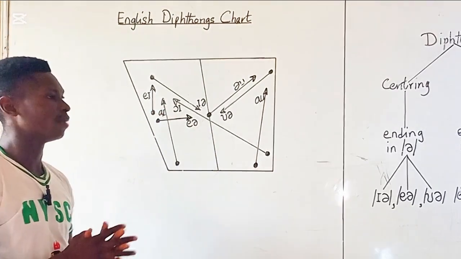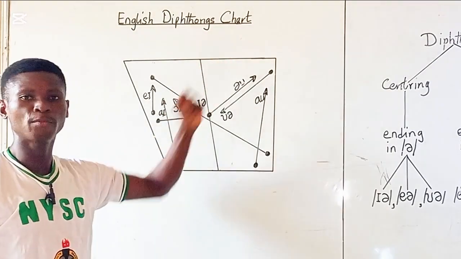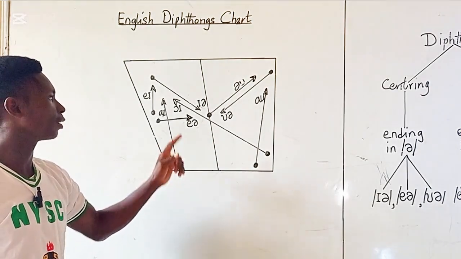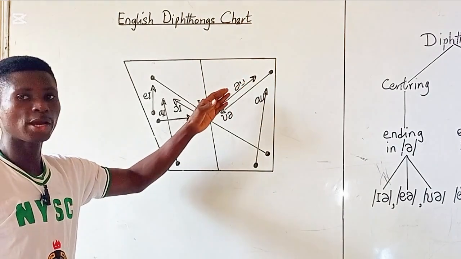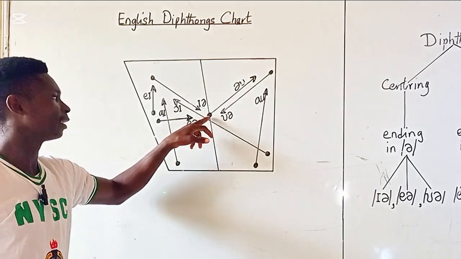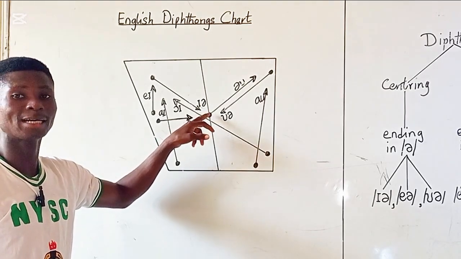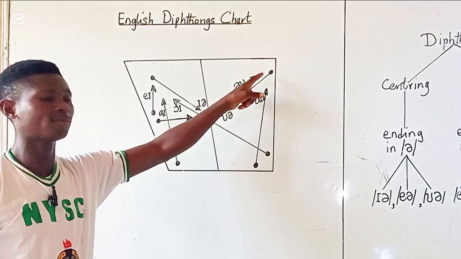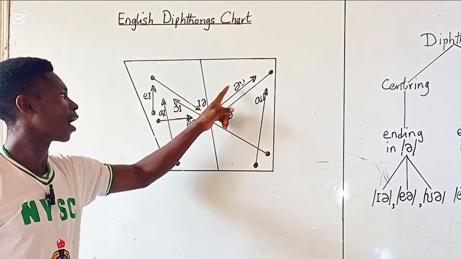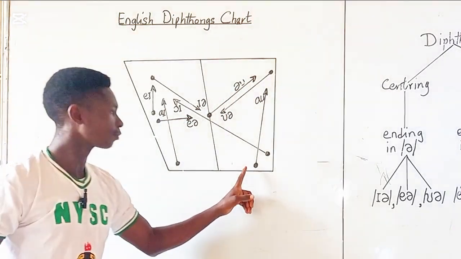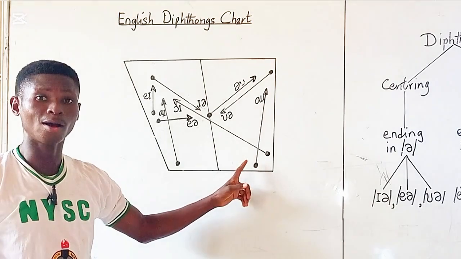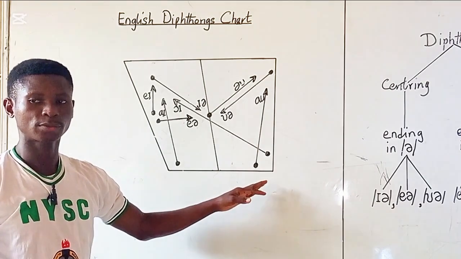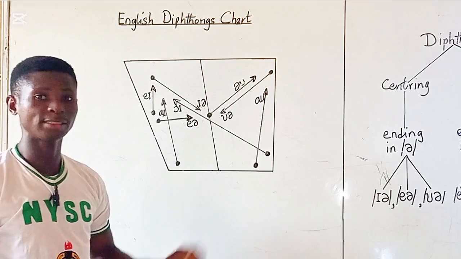Then looking at the movement to the back high position of the tongue, we have two other diphthongs, and they include O. When you say O, the tongue moves from the central position where you have the schwa sound to the back high position where you have the sound U. Hence we have O. Again we have OW, where we have the sound A. That is the back low position.